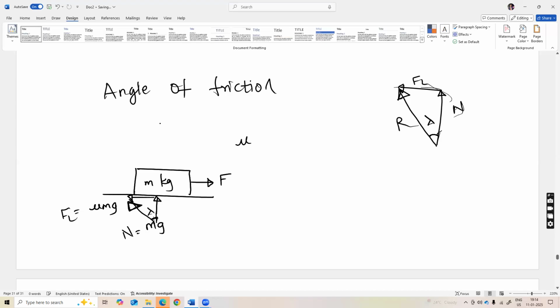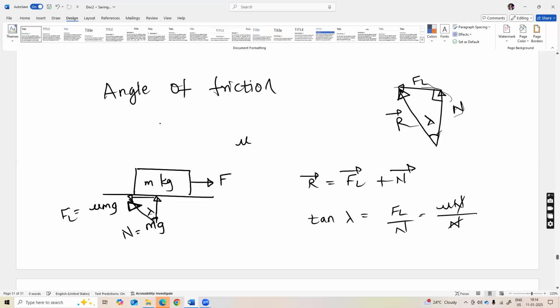Yes, sir. Okay, so if you see this angle of friction in this right angle triangle, let's say you first find out this resultant R. So this resultant R will be given as the vector sum of FL and N. And if you find out tan lambda, where lambda is the angle of friction, it will be FL upon N, and FL is mu into N, and here we have N, so it will become mu.